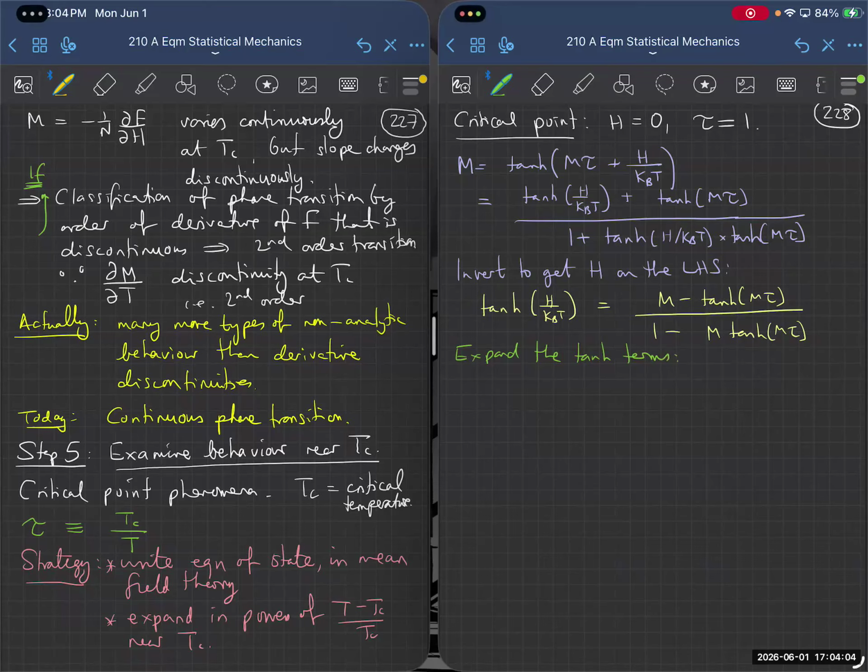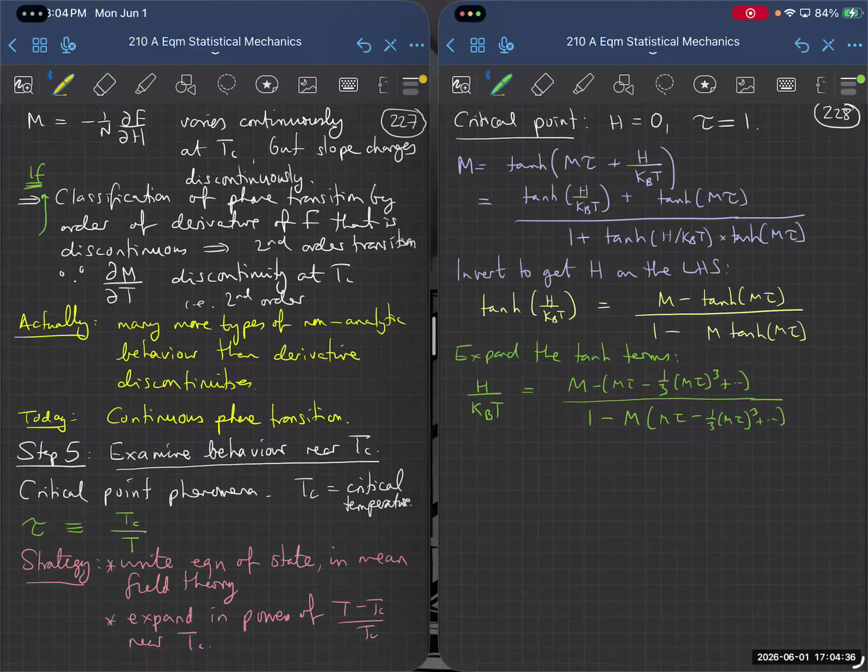And so what I end up with is the following, and you can check this: H over kBT is equal to M minus M tau minus 1/3 M tau cubed plus higher order terms, divided by 1 minus M times M tau minus 1/3 M tau cubed plus higher order terms.